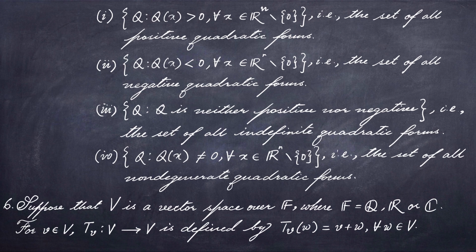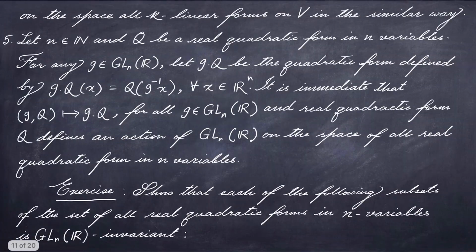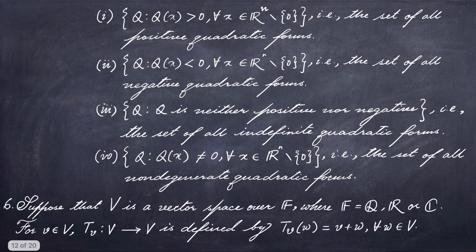Non-degenerate means the form is never going to be 0 unless x is 0. Equivalently, the matrix of this quadratic form will be non-singular. These are quite easy verifications, so we will move on to the next example.